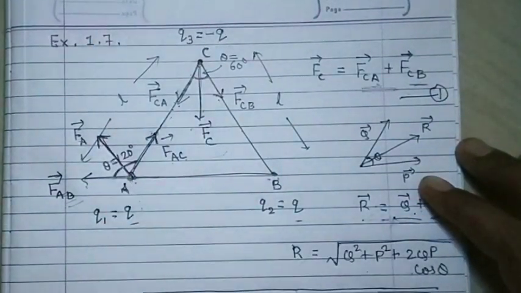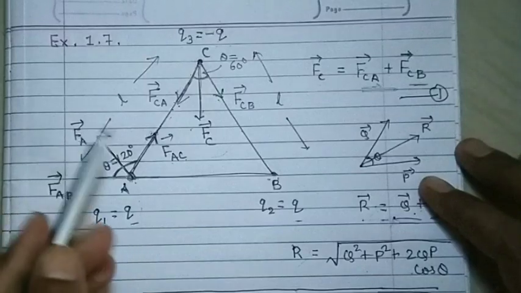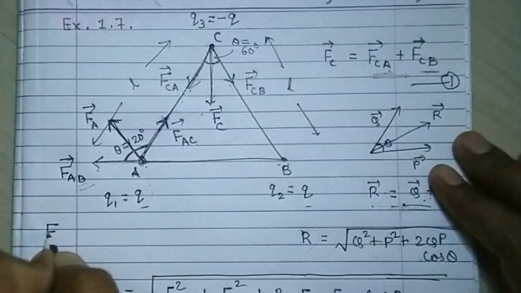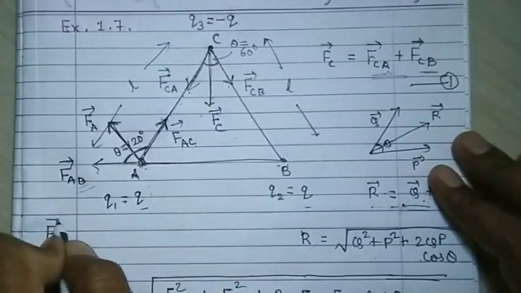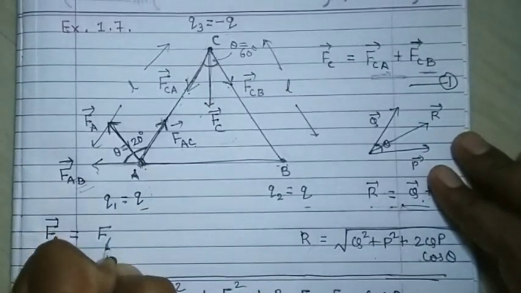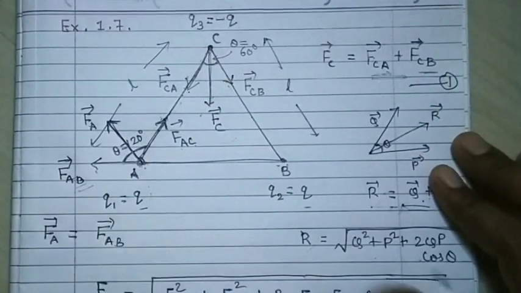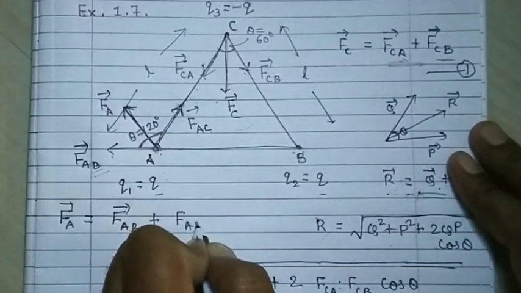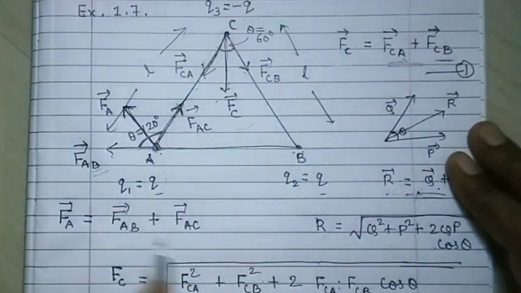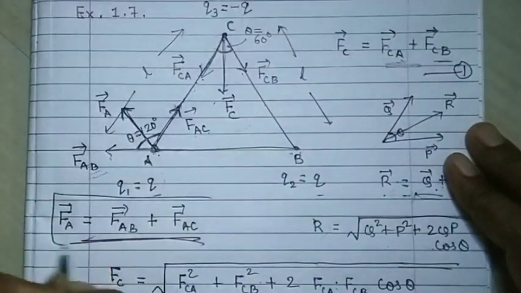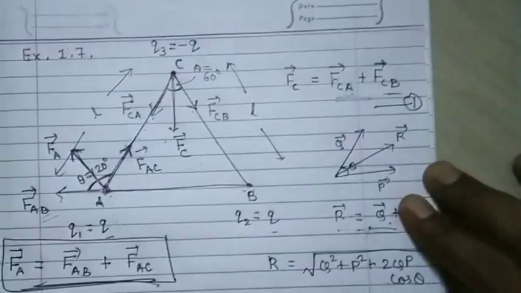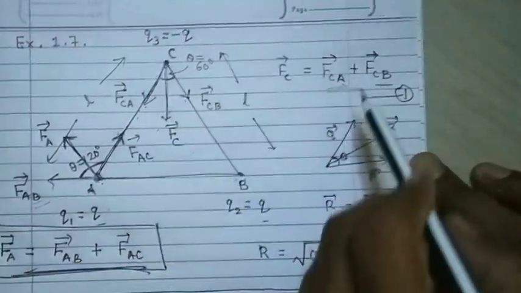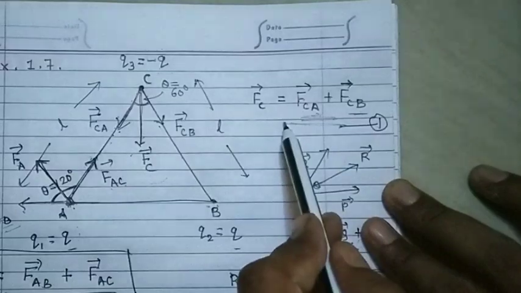So now we can again write for this, the force on A is due to force on A by B plus force on A by C. Remember this equation.